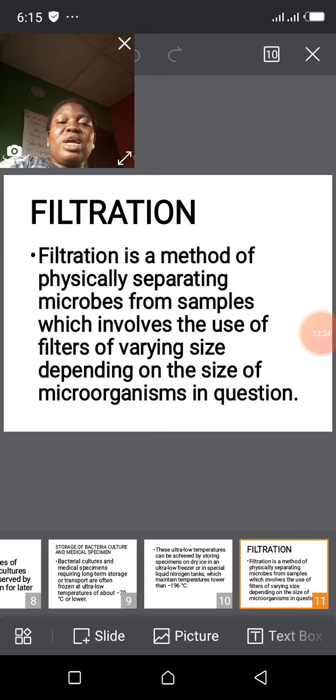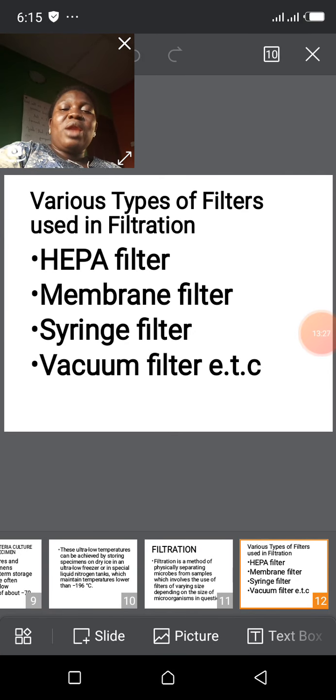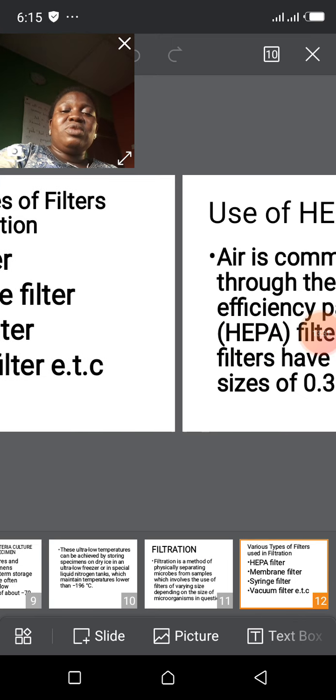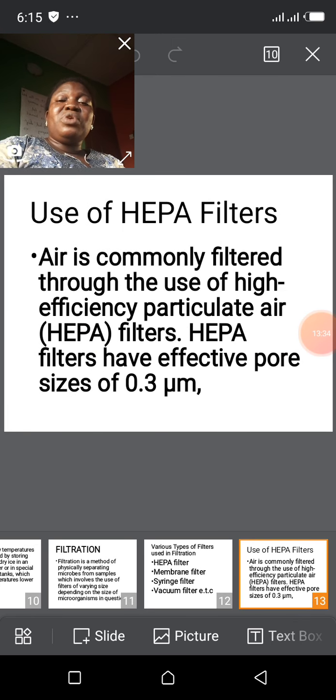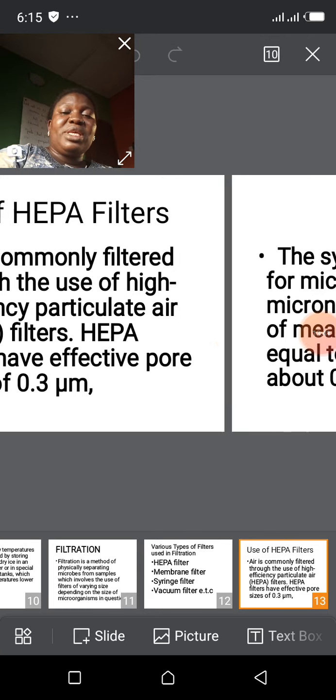We have also looked at filtration as a physical method of controlling harmful microorganisms, and I've mentioned types of filter such as the HEPA filter, membrane filter, syringe filter, and vacuum filter. I told us the full meaning of HEPA, that is high efficiency particulate air filter, with a pore size of about 0.3 micrometer.